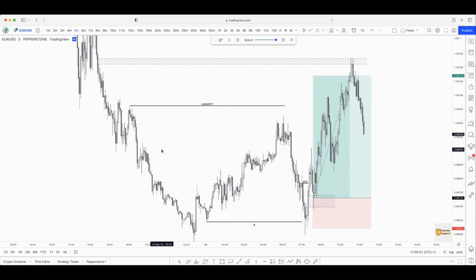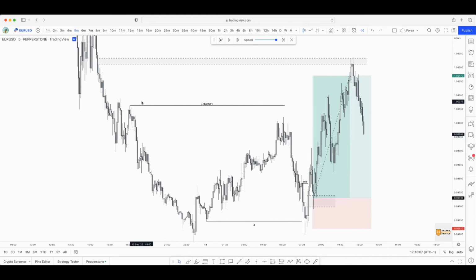So I was okay just taking profit at 1 to 3, but I was still anticipating higher pricing because I thought maybe the dollar index was going to go for the relatively equal lows on the daily and then fill the imbalance. But it wasn't time yet, right? Wasn't time yet. So this gave a 1 to 4 and then rejected and then came back all the way down. It was a good trade for me.